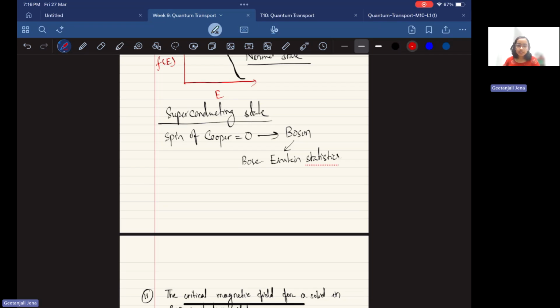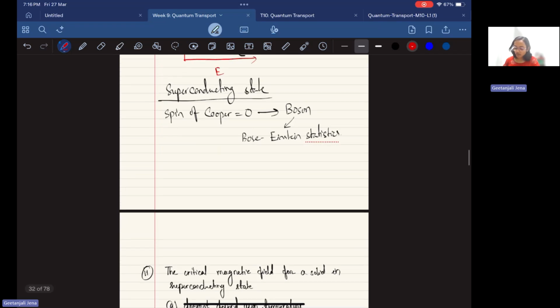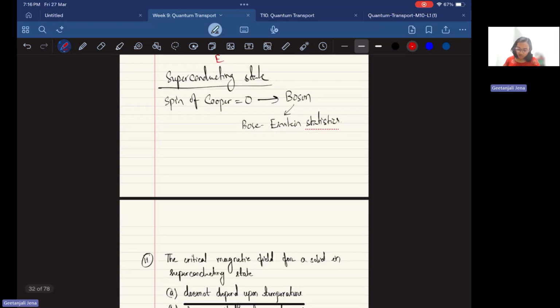So instead of Fermi-Dirac statistics that we have seen earlier, now we have a Bose-Einstein statistics because of the formation of Cooper pair.